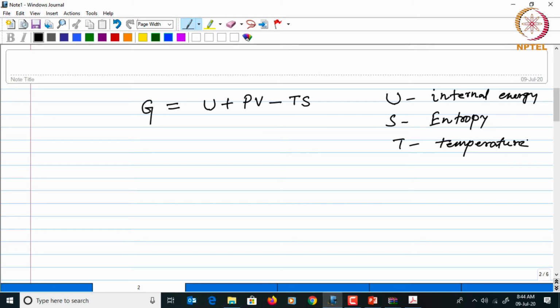And the Helmholtz free energy F is defined as U minus TS. F basically represents the reversible work in a system at constant temperature, volume, and chemical potential.